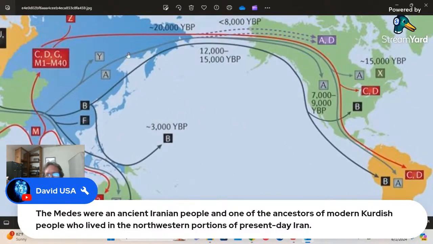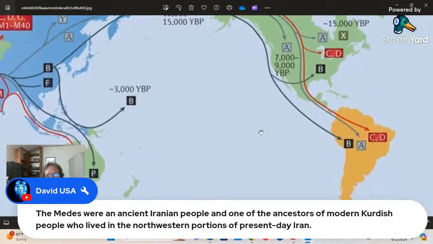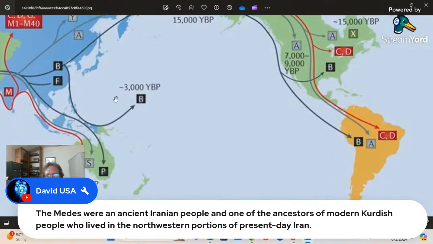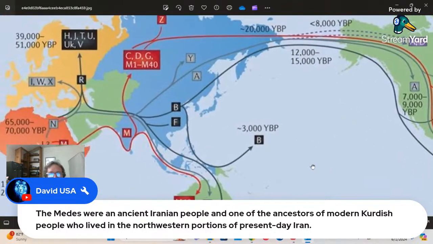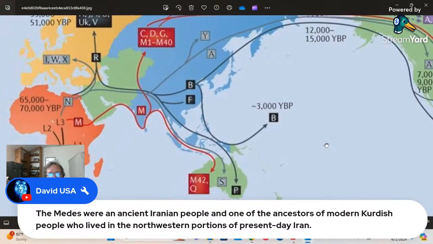There's no indication that it crossed up here north. The only evidence is that it went out here in the Pacific and probably just crossed over from the Pacific islands.